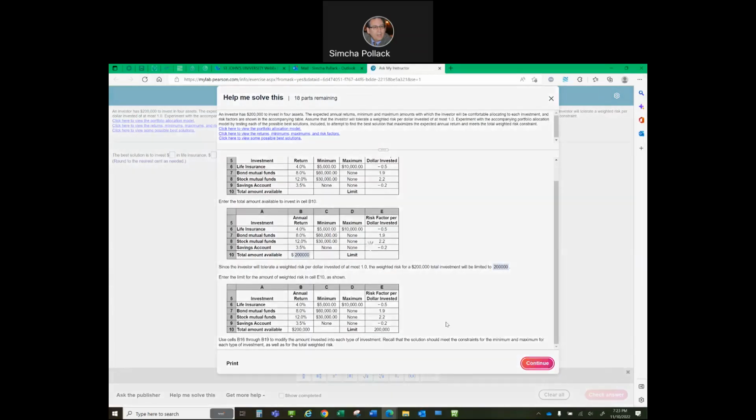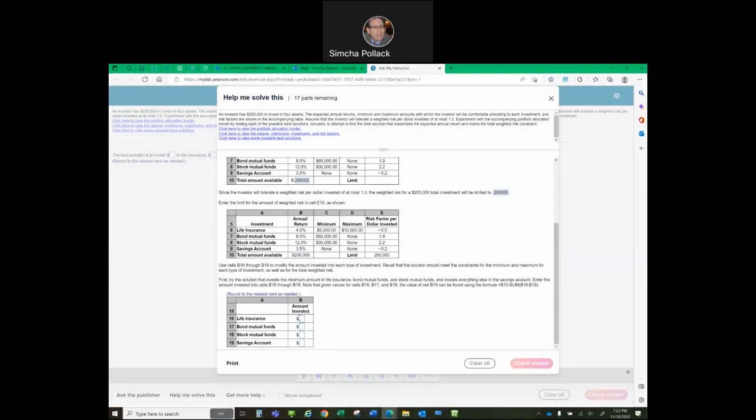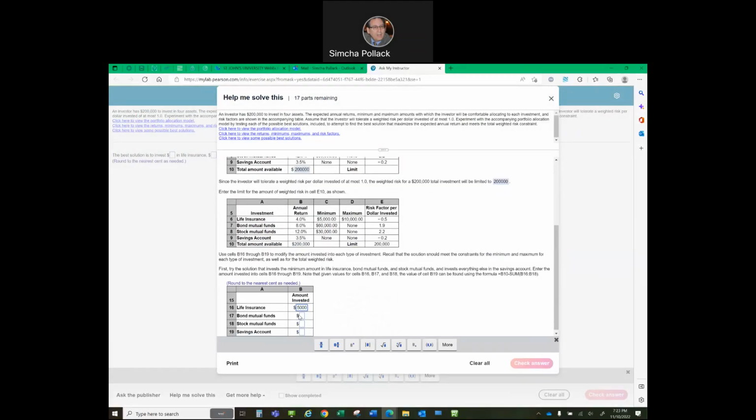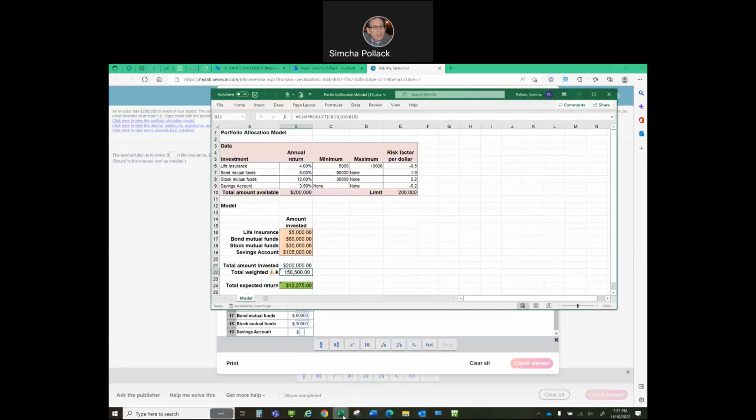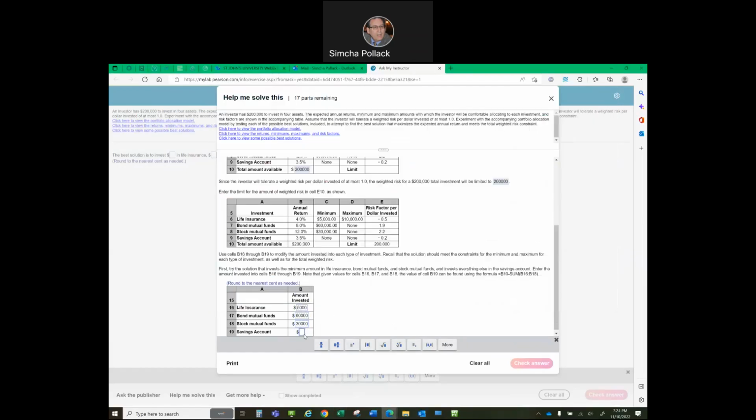You have to put in the minimums. They tell us to put in life insurance minimum, and we did this. The minimum was 5,000. Minimum here is 60,000. Minimum here is 30,000. The savings account has to be the remainder, which we just said was 105,000.